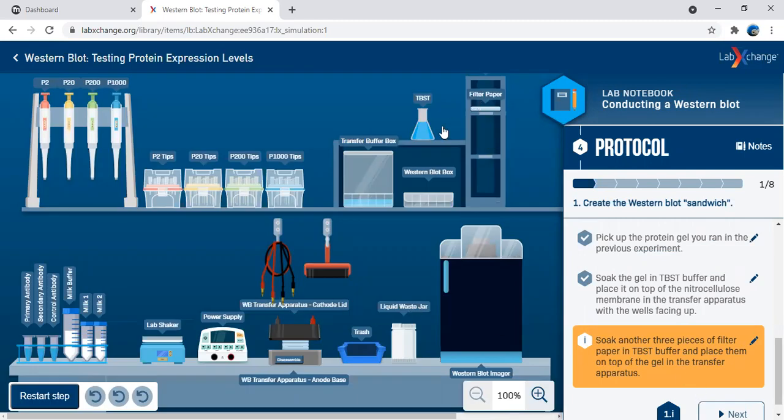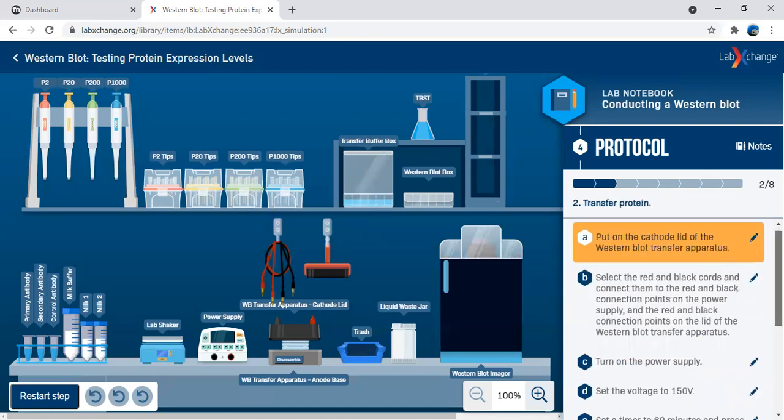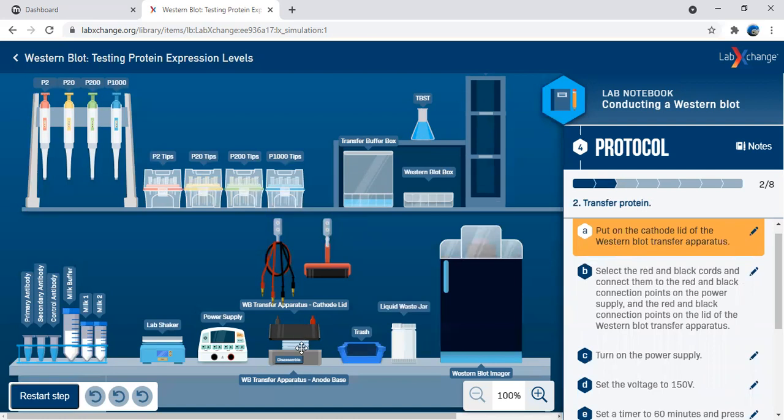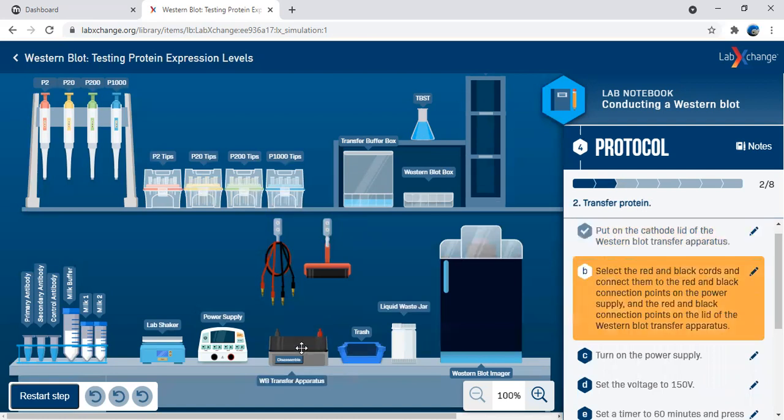And now I'll add another two pieces of filter paper. Now I'm going to put the cathode lid on and take the red and black cords and connect them to the red and black connections. Okay, I believe that's connected.